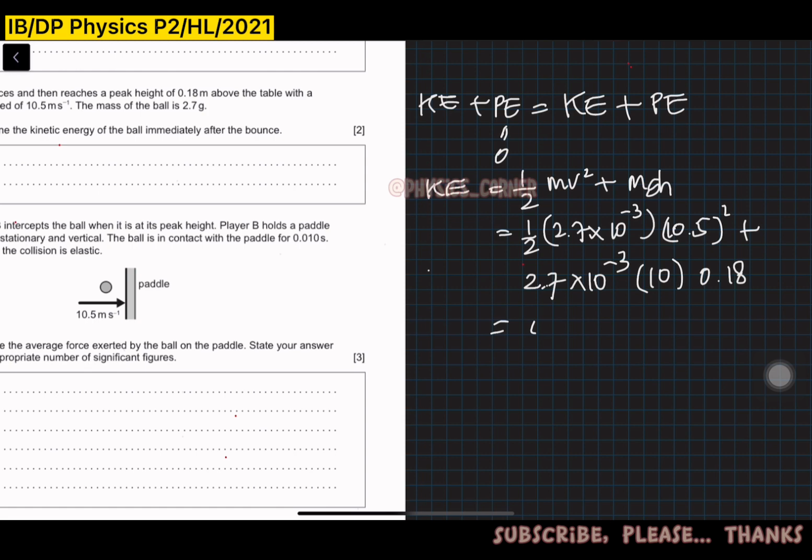For the kinetic energy, 0.148, and the potential is about 0.0486.